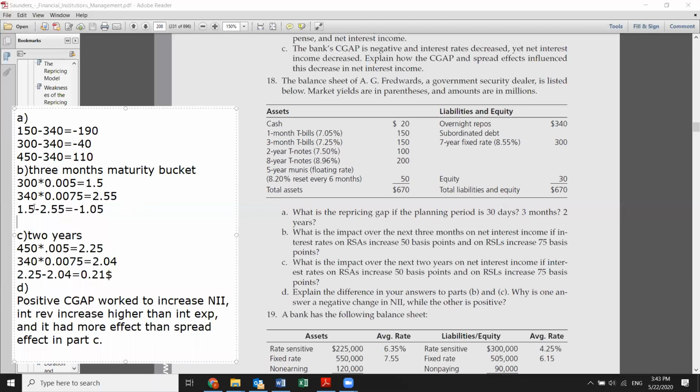And when it was 3 months, our cumulative gap was equal to minus; an increase in the interest rate should lead you to higher.